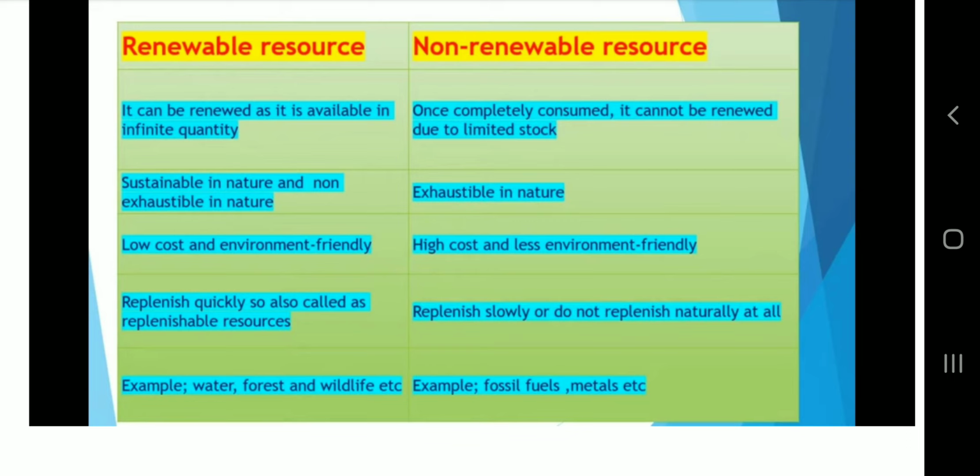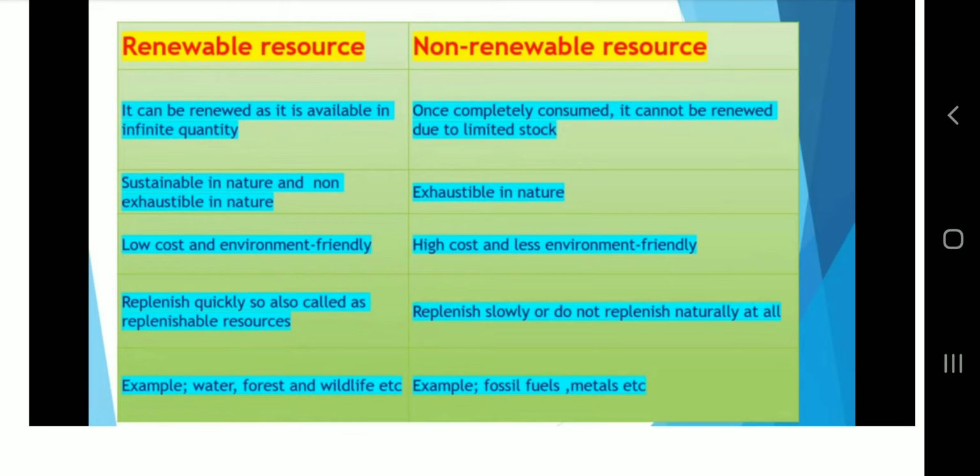Renewable resources are sustainable and non-exhaustible, whereas non-renewable are exhaustible. Renewable resources have a low cost and are environment friendly, whereas non-renewable resources are of high cost and very less environment friendly, like petroleum products and byproducts, coal. When we use them, it creates lots of pollution.